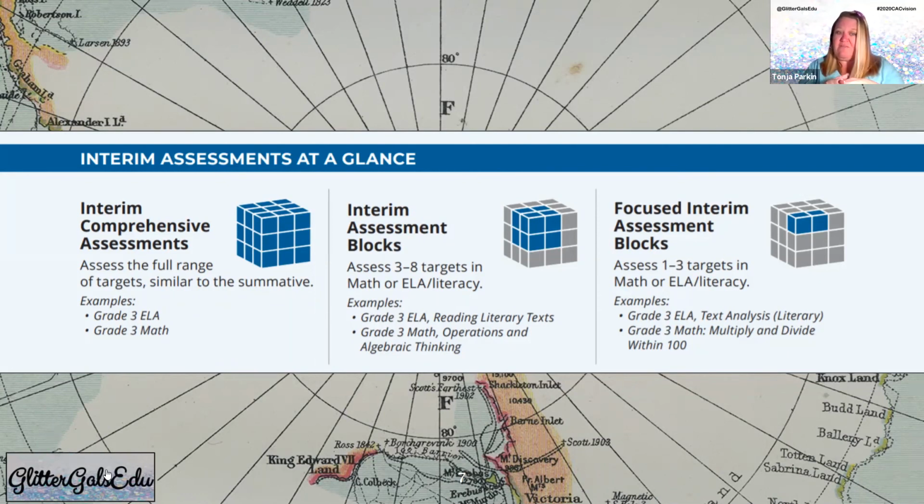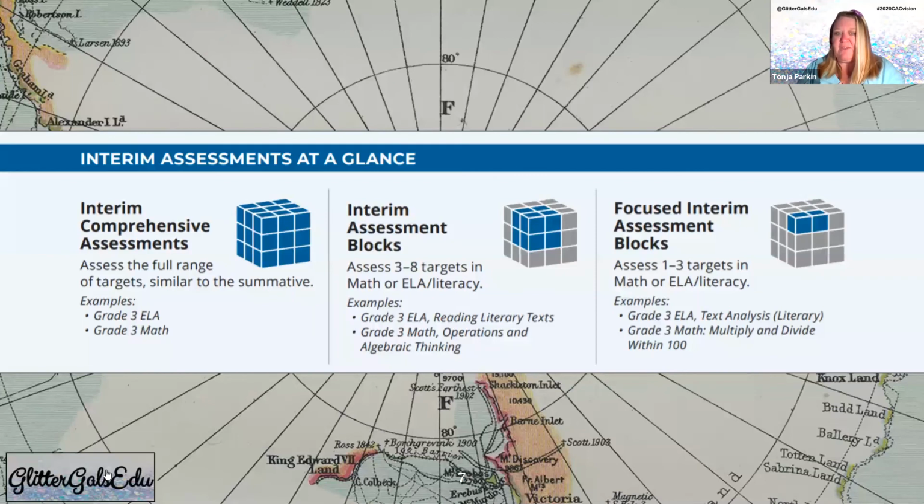So a very, very micro version of being able to hone in on 1 or 2 or 3 targets or standards, and really getting our assessment to be targeted based on what we're teaching. These FIABs are language arts or math based as well, but an example might be grade 3 math, multiply and divide within 100. So you can feel how that feels much different than grade 3 math, operations and algebraic thinking.